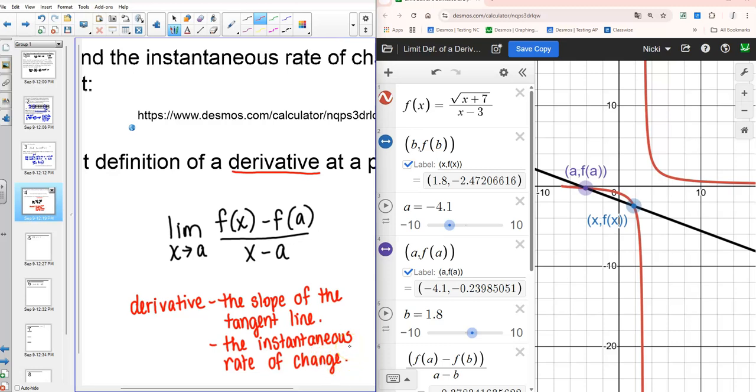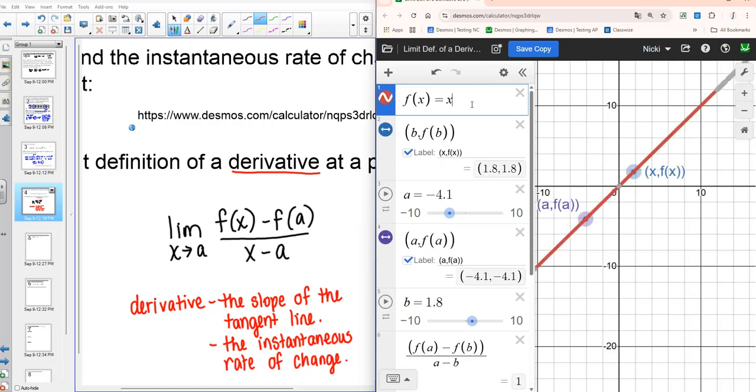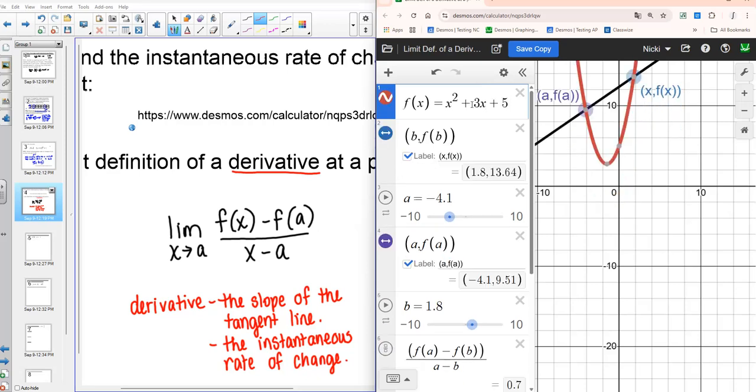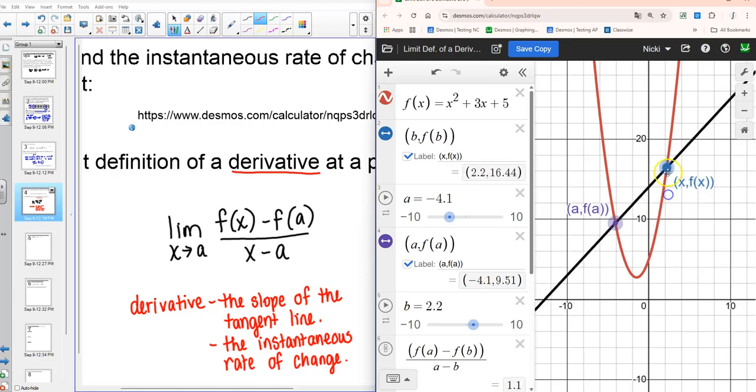Okay. Now, this particular version of this only works at a single point. So you have to have a point A that you're interested in. I will show you, it doesn't matter what the equation is. Let me change f of x to something more simple, like x squared plus 3x plus 5. Right here we're looking at an average rate of change.